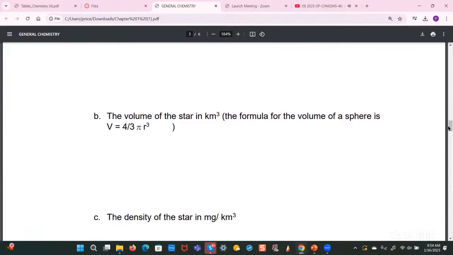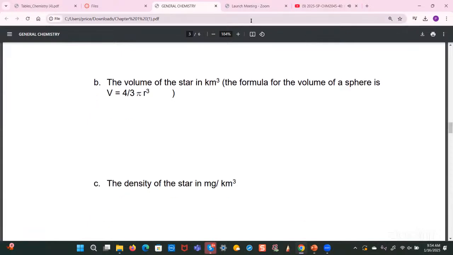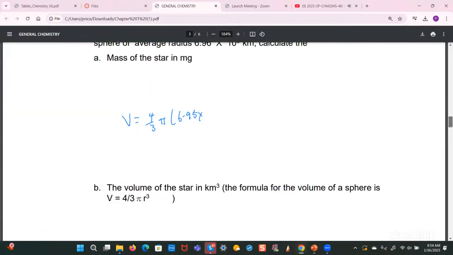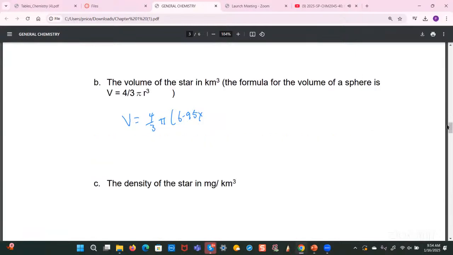So the volume will be equal to 4/3 pi times 6.96 times 10 to the 5, just to make sure again. 6.96 times 10 to the 5 kilometers cubed. All right, and that's it.